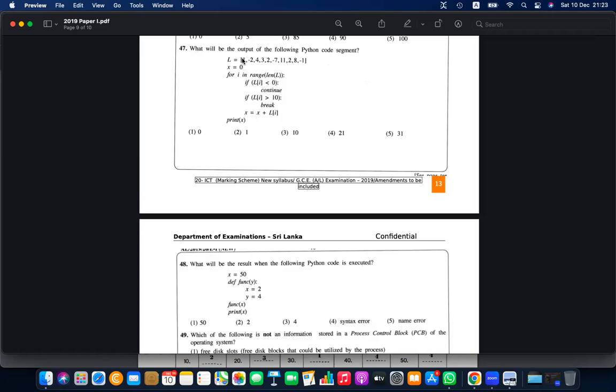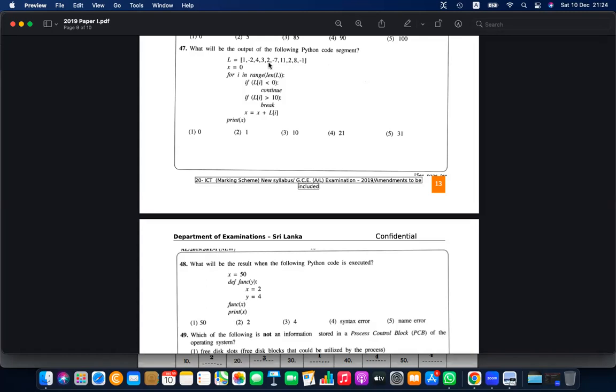Current x is 0, 0 plus 1 is 1. Minus 2 will not be added because it is skipped if it is a negative number. 1 plus 4 is 5, 5 plus 3 is 8, plus 2 is 10. I hope it is 10, yes. Because when it is 11, it exits and does not calculate any further.